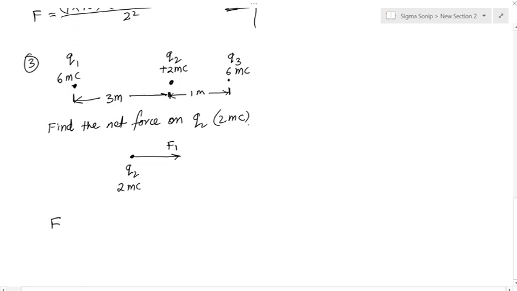We can calculate the value of this F1. So F1 is equal to the force on Q2 because of Q1.